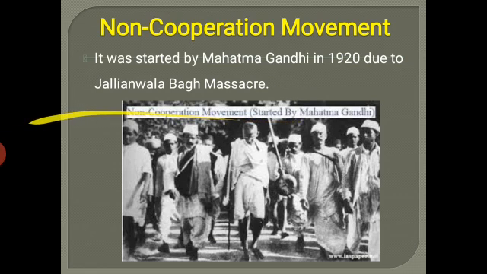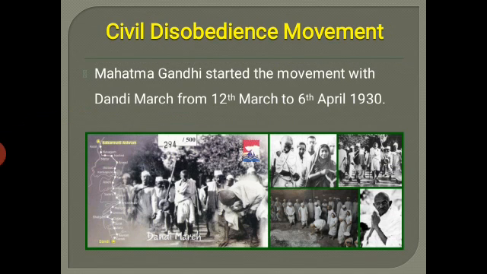Okay, students, next one: the civil disobedience movement. Listen, students, Mahatma Gandhi ji started this movement with a Dandi March from 12th March to 6th April 1930, along with his 78 followers, and broke the salt law by making salt on 6th April. Mahatma Gandhi ji found in salt a powerful symbol that could unite the nation.